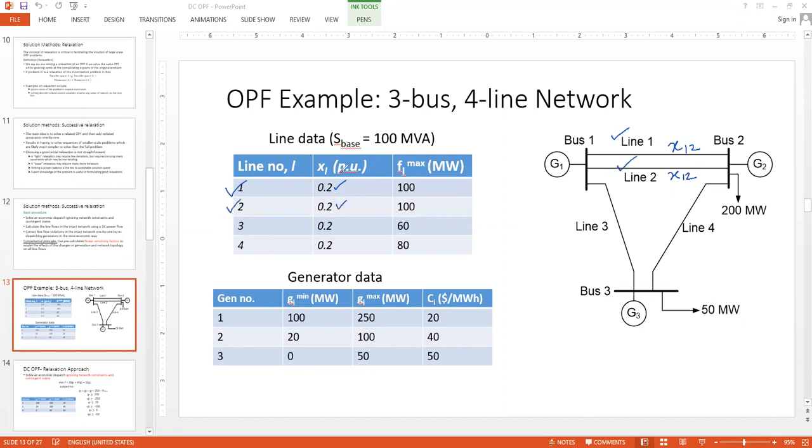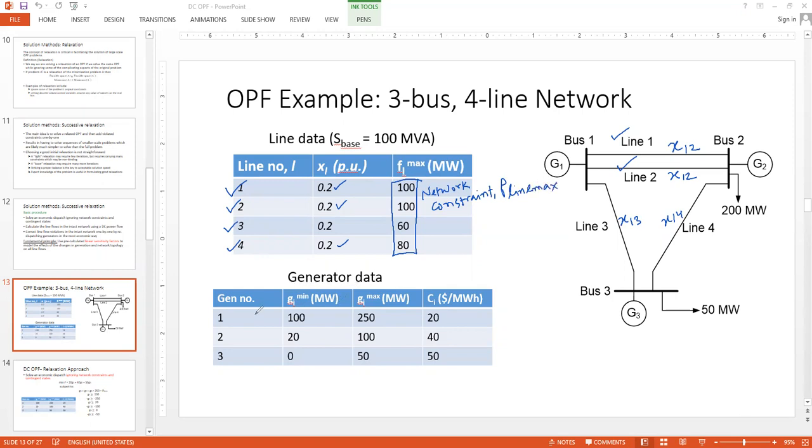Same parameter throughout the network. Then line number 3 is between bus 1 and bus 3, so this is X13. And then we have line number 4 between bus 2 and bus 3, this is X23. And this is the maximum limit we talked about in the previous slide, the network limit. So this column basically will give us the network constraints, the P line max limits.